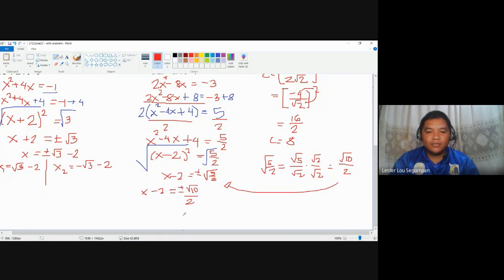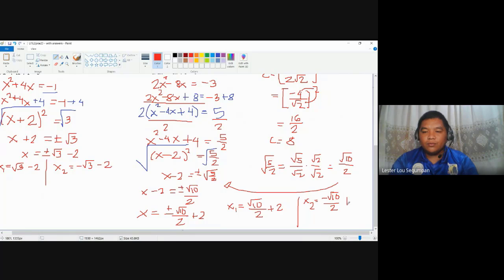And then you add both sides by 2, you have x is equal to plus or minus square root of 10 over 2 plus 2, which could actually be separated into the first root, rather. You have the positive square root of 10 over 2 plus 2, or the second, which is negative square root of 10 over 2 plus 2.